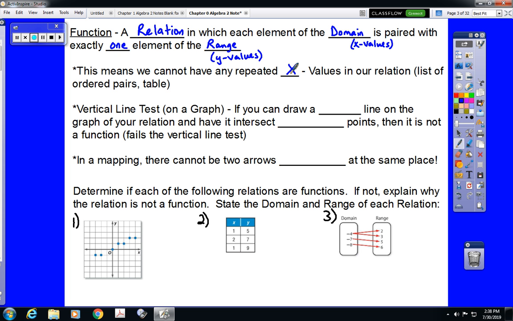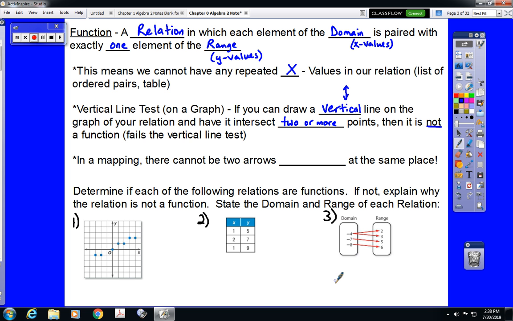Okay, so if we look at a list of ordered pairs or a table, we're looking for repeated x values. Can't have it. Okay, for a graph, we can run what's called the vertical line test. It says if you can draw a vertical line, that is a line that goes straight up and down, on the graph of your relation and have it intersect 2 or more points, then it is not a function.